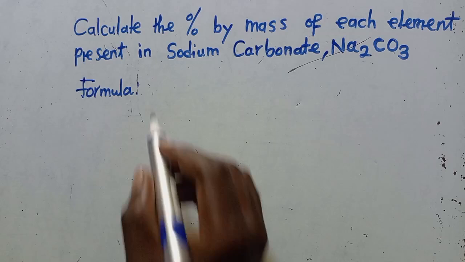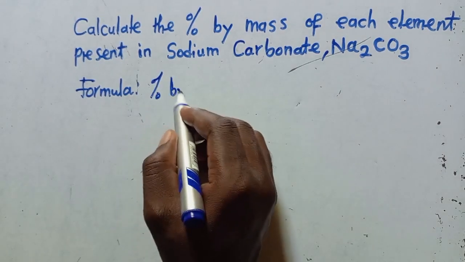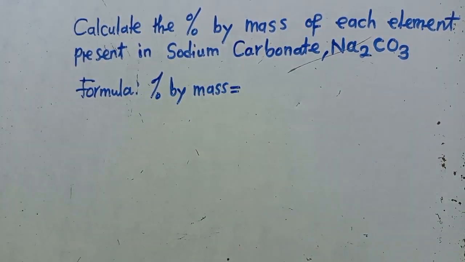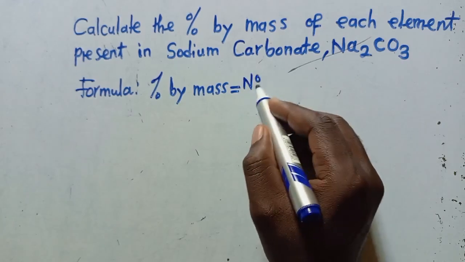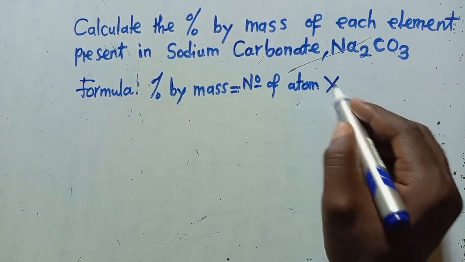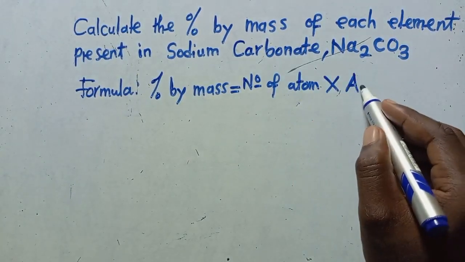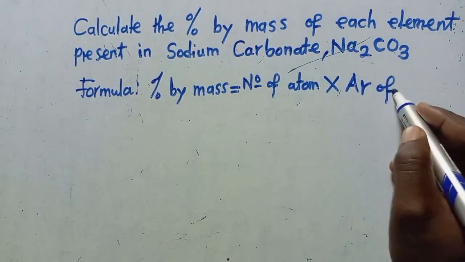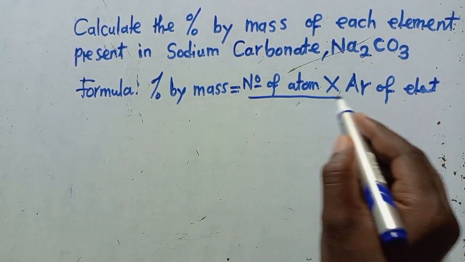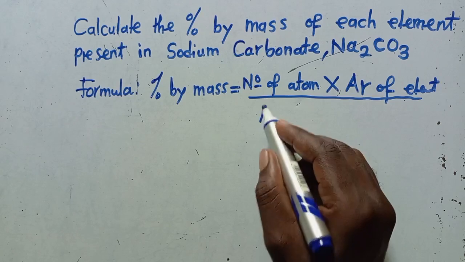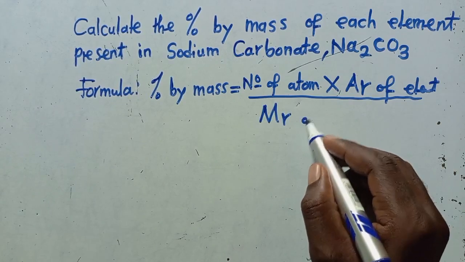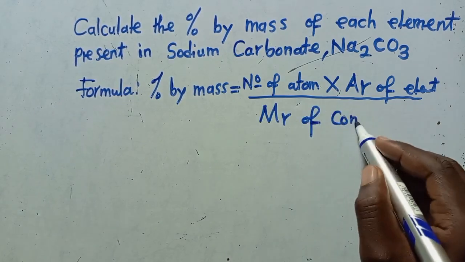The formula we are going to use, we know that this is percentage by mass. Percentage by mass is given by the formula where we say the number of atoms multiplied by the relative atomic mass of an element, over the relative molecular mass of the compound, the whole compound.